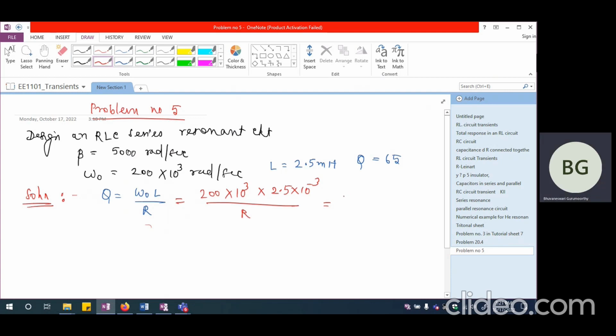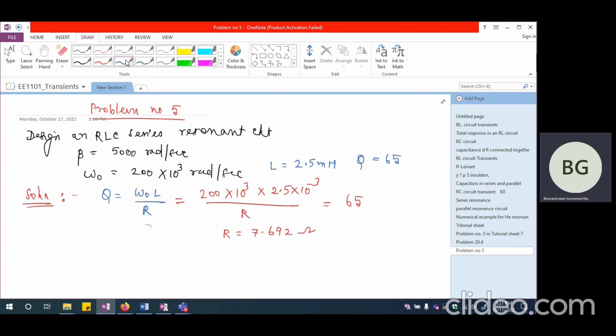So this is going to be 500 divided by R equal to 65. So from this you can say R is equal to 7.692 ohm. Please verify all the calculations. So R equals 7.692 ohm.